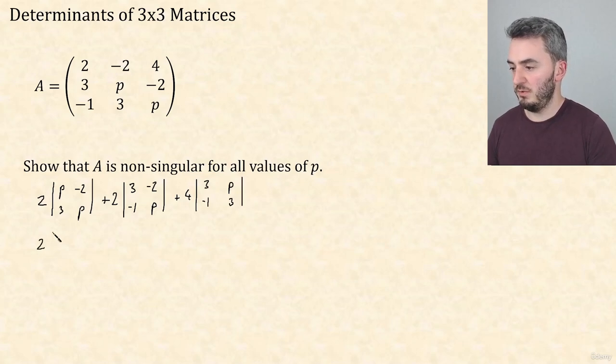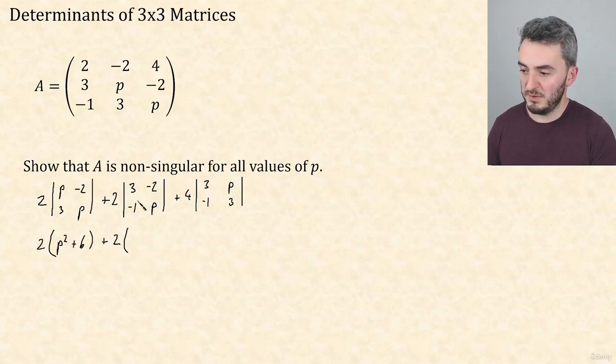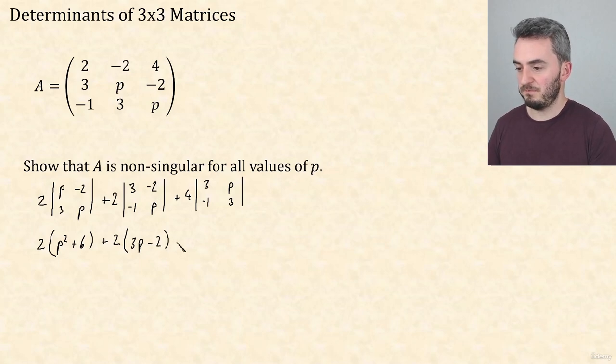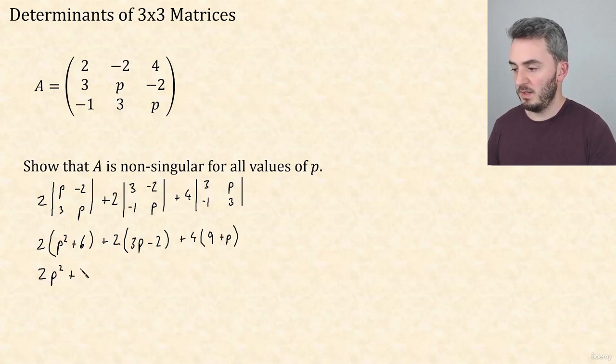Okay, so that's 2 times P squared minus 6, so P squared plus 6. Then it's 2 times 3P minus 2 times minus 1, so that's 3P minus 2, plus 4 times 9 plus P. So expanding all of that is 2P squared plus 12 plus 6P minus 4 plus 36 plus 4P.